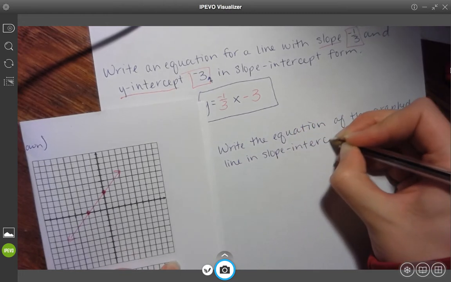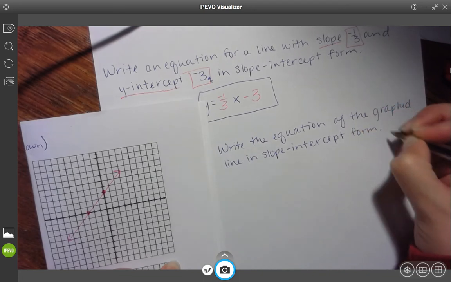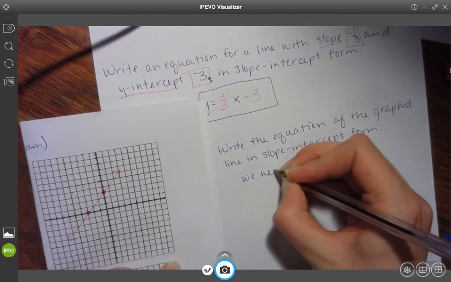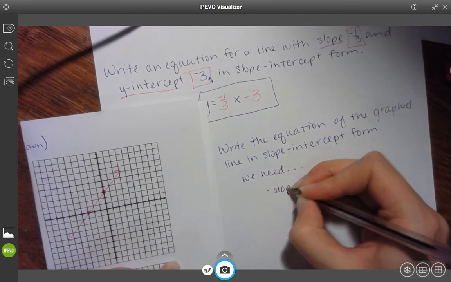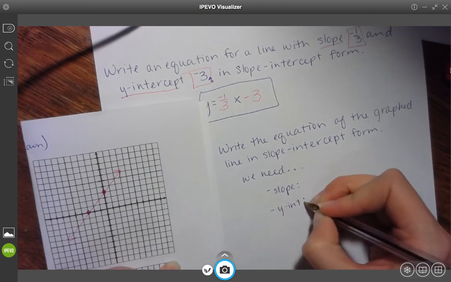Okay, what are the two things we need for slope-intercept form? Well, we need slope, and we also need the y-intercept. Okay, so let's look at this graph.